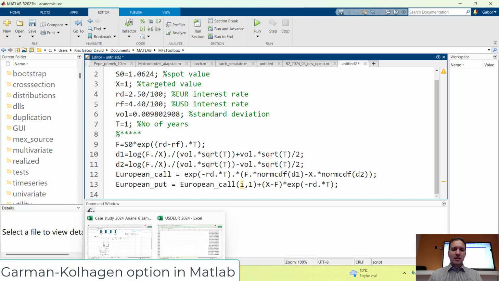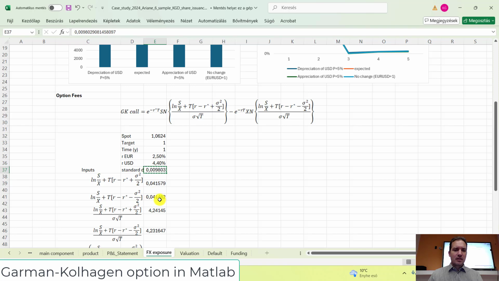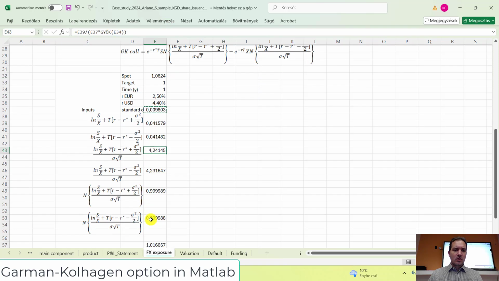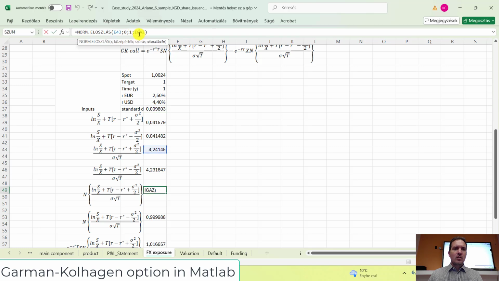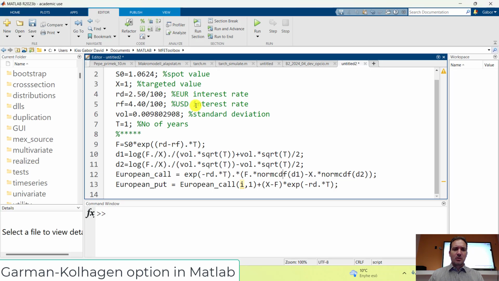What have I done here? I should use the cumulative distribution function, but yeah, I said true, so I was using the cumulative distribution function.